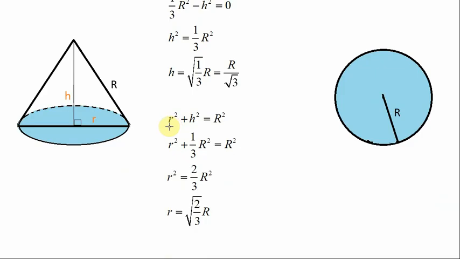And then once again, we have r squared plus h squared is equal to big R squared, but h squared is 1/3 R squared. Now subtract 1/3 R squared from both sides. Then we get small r squared is equal to 2/3 times big R squared, or the radius of the base of the cone is the square root of 2/3 times the radius of the circle.